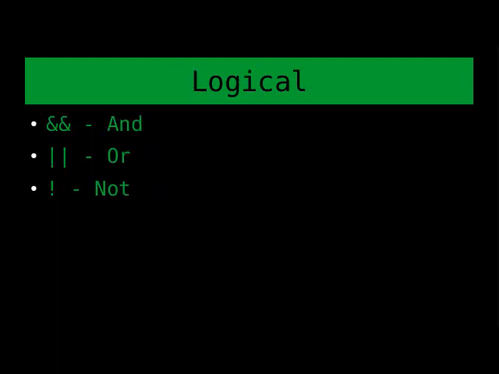So logical operators. This takes Booleans and returns a Boolean. So for example, on AND, you have to have both sides being true for it to return a true.